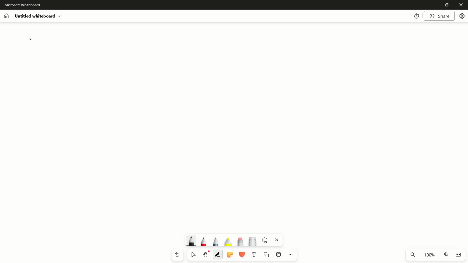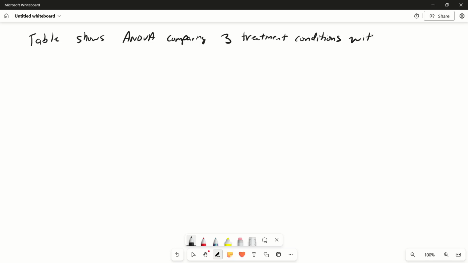So in this example, the ANOVA summary table shows ANOVA comparing three treatment conditions with 7 people in each treatment group.